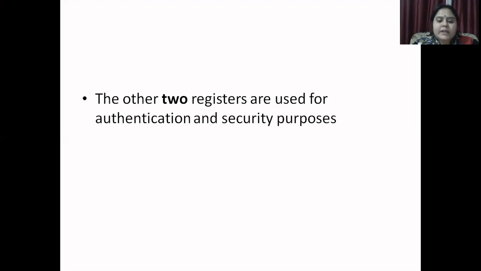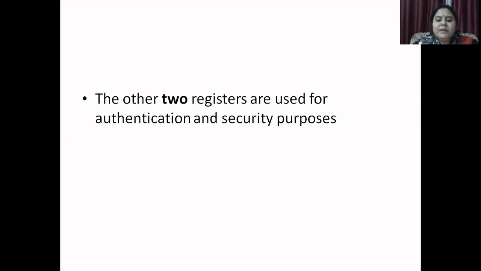The Equipment Identity Register, that is EIR, is a database that contains a list of all valid mobile equipment on the network, where each mobile station is identified by its IMEI number. An IMEI is marked as invalid if it has been reported stolen or is not type approved.